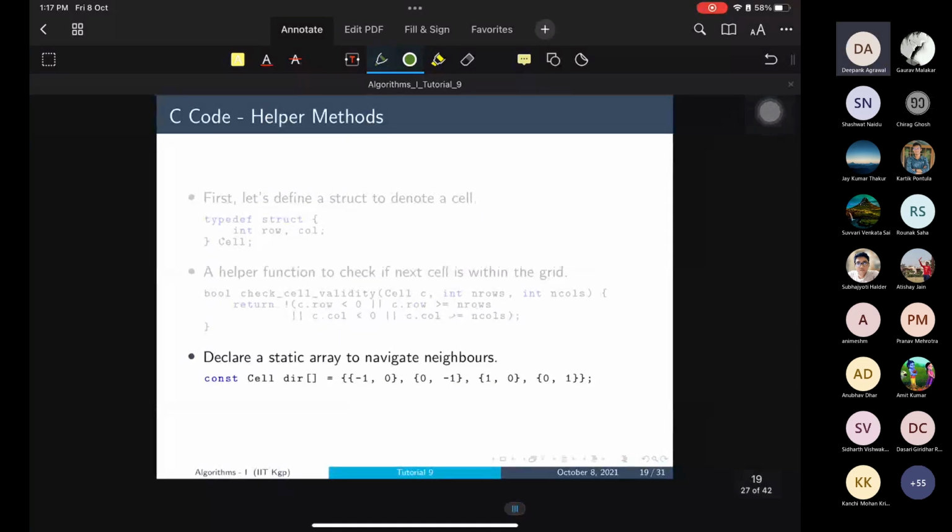And then this is a new array to navigate the neighbors. I have highlighted this array because I have noticed that whenever there is a grid type of question where you have to do traversals, most students write 4 if conditions.